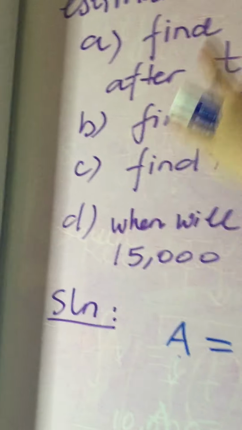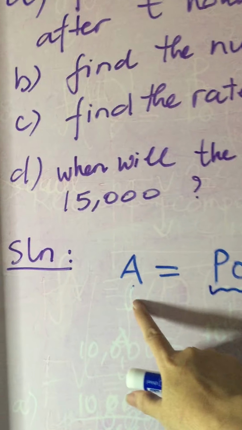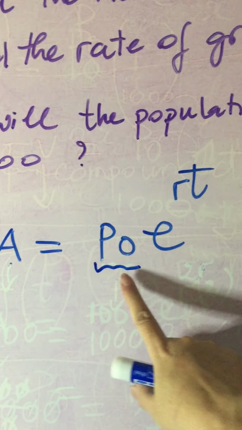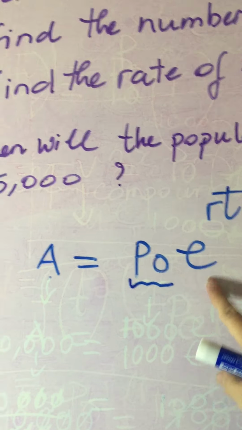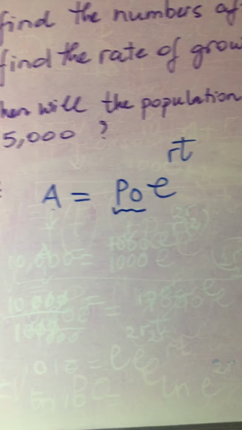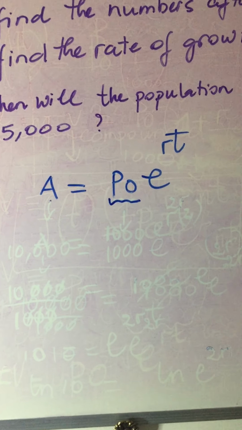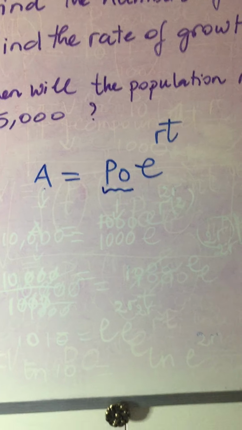A is the amount, the same as f of t, with respect to time, right? So A is the amount after, and P0 is the amount at the beginning. e is just the natural log number, r is the rate of change, and t is the time. So to solve this equation, you have to substitute the numbers you know and solve for the unknown letter.